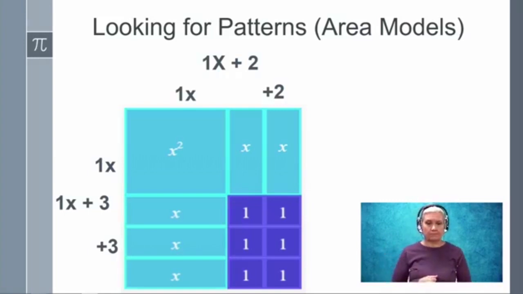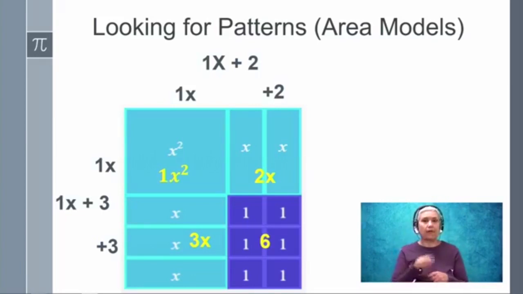So the product of 1x times 1x is 1x squared. The product of 1x and 2 gives us 2x, and we can see those 2x rectangles within the larger rectangle. 3 times 1x is 3x, and 3 times 2 gives us 6.